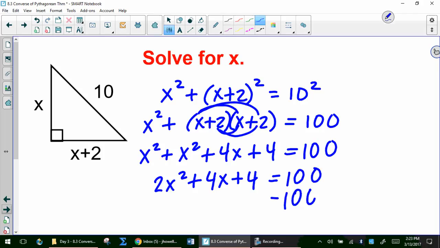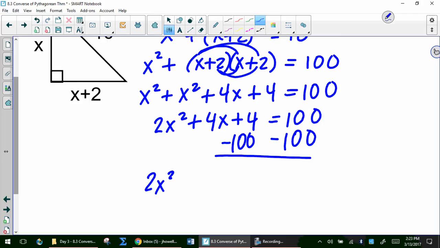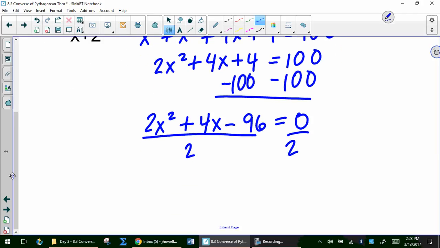And now when we subtract 100, we're going to use the zero product property, something that we discussed last week. And we have 2x squared plus 4x minus 96 equals 0. Now everything here is divisible by 2. So if we divide everything by 2, that can simplify the problem for us.